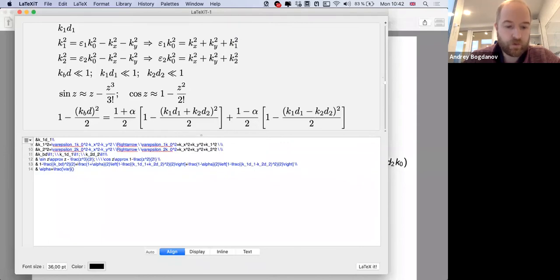Alpha is 1 epsilon 1, K1, to K2, and fraction 1/2.